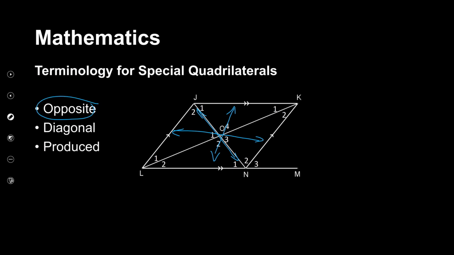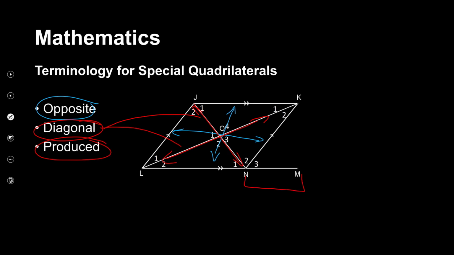That one and that one are opposite, those two angles, and those two angles are also opposite, right? We also have what we call a diagonal, which is also the red parts that I have on my diagram, that and that.